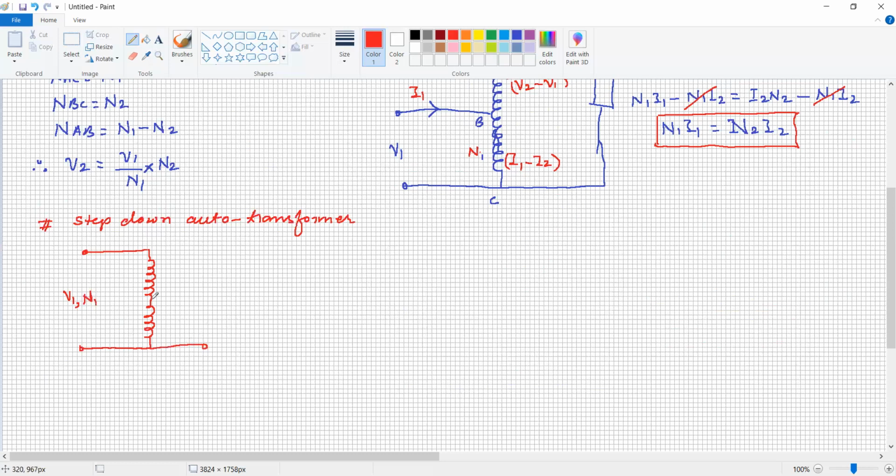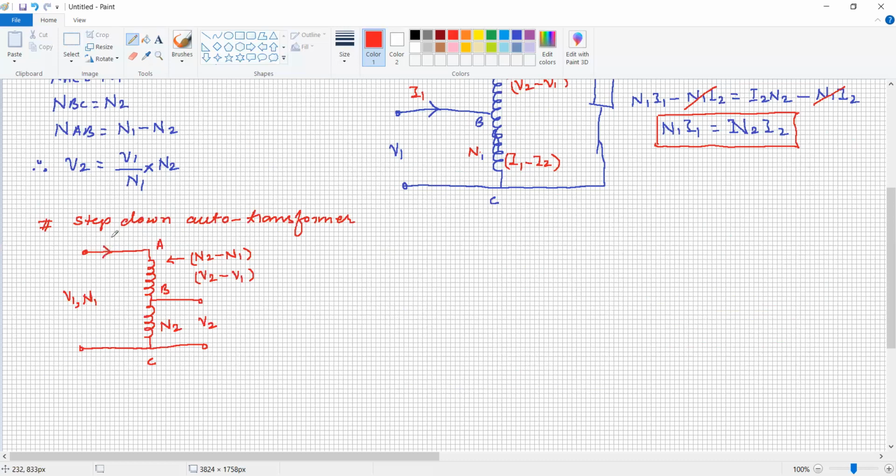Here on the secondary load side it is V2, with number of turns N2, terminals A, B, C. The number of turns here is N2 minus N1, and similarly the voltage is V2 minus V1 on this side.